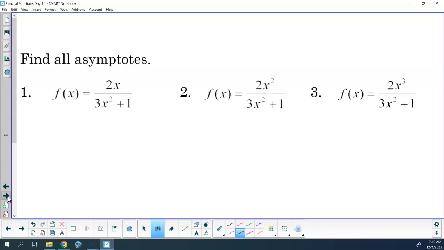So on these 3, find me all the asymptotes. Notice the only thing I changed was the degree of the top.